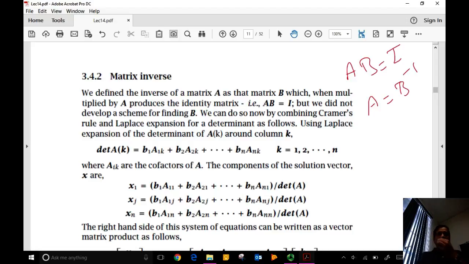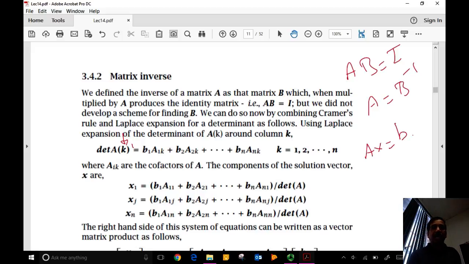And one of the algorithms can be developed by looking simply at the definition of a determinant and the Laplace expansion for the determinant. So if I take the original matrix and replace the column K in the original matrix by the right-hand side, okay, so if I have AX equal to B, I form a new matrix.